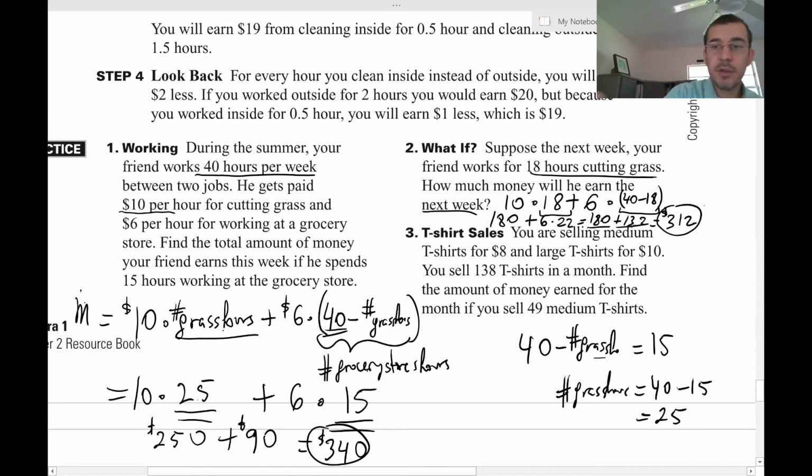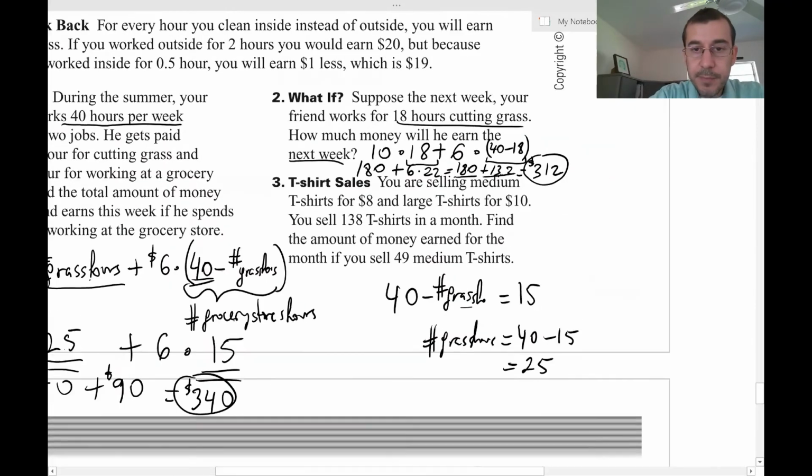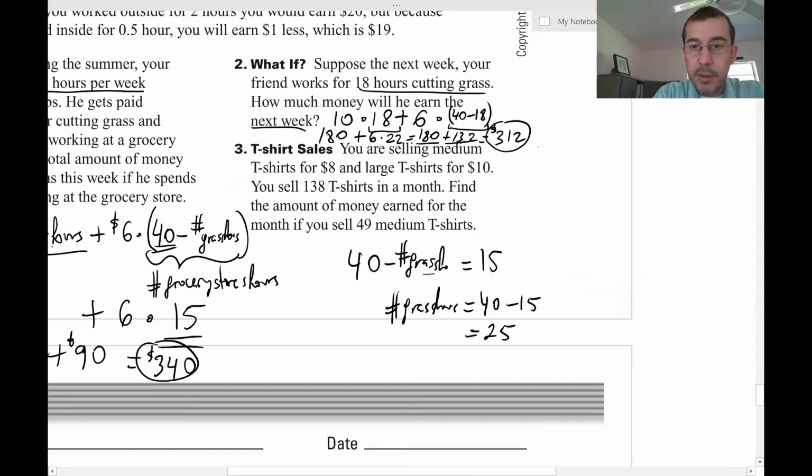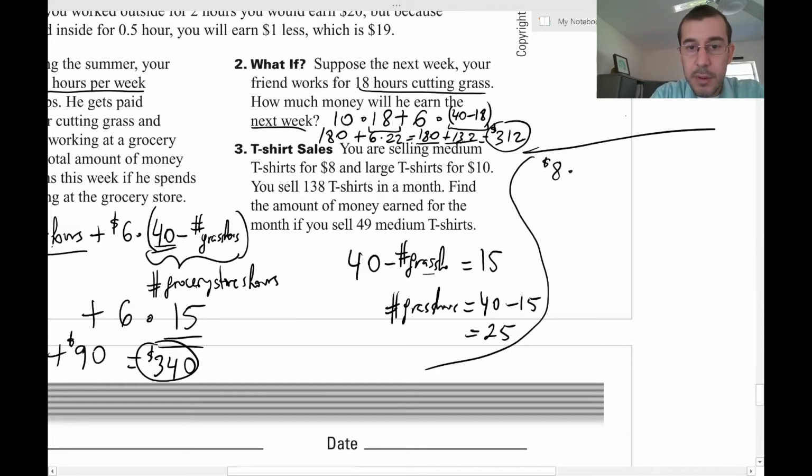T-shirt sales. You're selling medium T-shirts for $8 and large T-shirts for $10. Okay, so right here, you're selling $8 for medium T-shirts and $10 for large T-shirts.